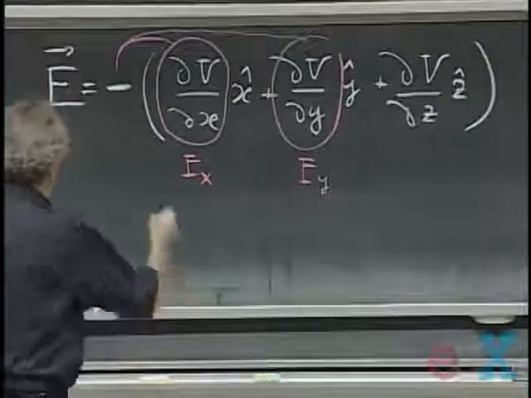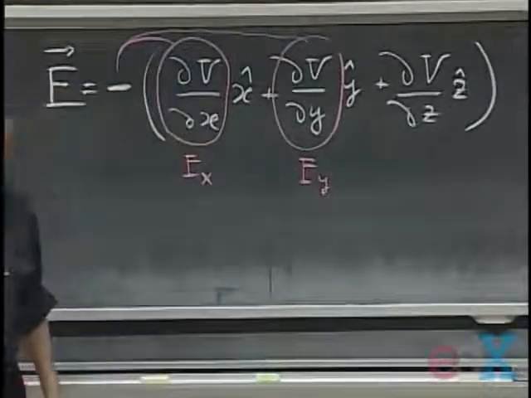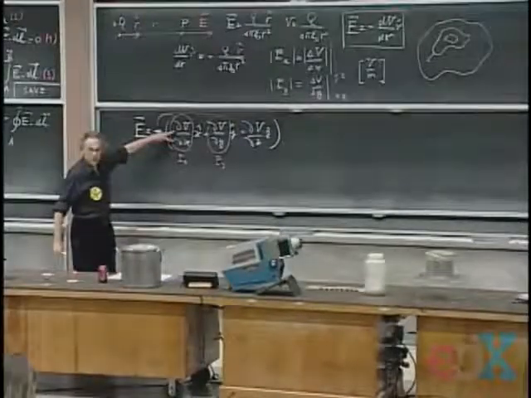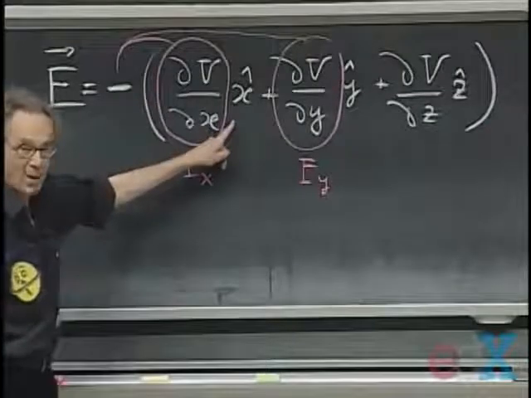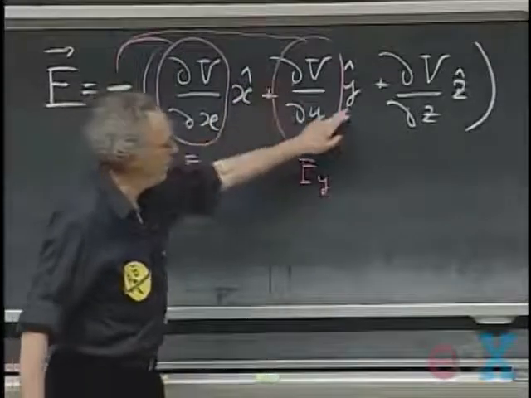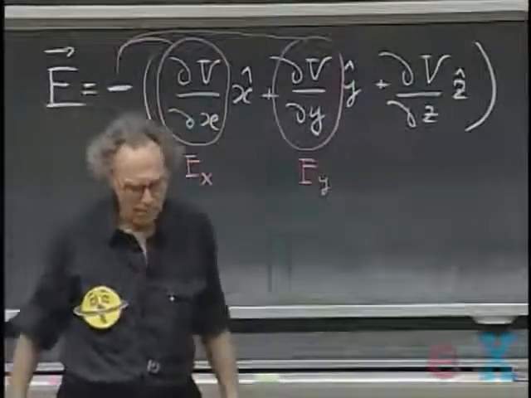And the fact that you see these curled d's, it means partial derivatives. That means when you do this derivative, you keep z and y constant. When you do this derivative, you keep x and z constant, and so on.